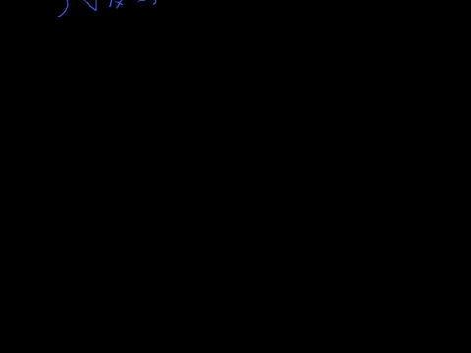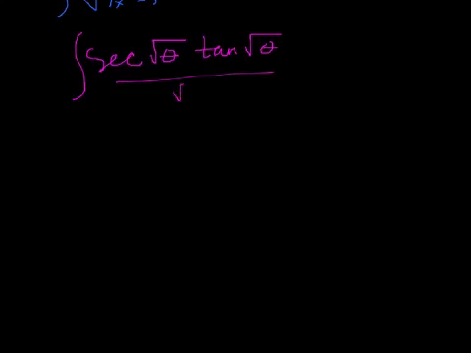But I want to talk more about trig. Sometimes with trig, let's say I have secant of the square root of theta, tangent of the square root of theta, and then under here I have the square root of theta.